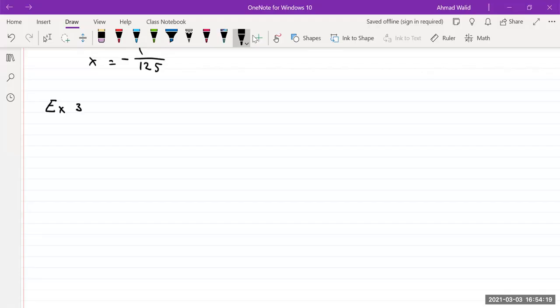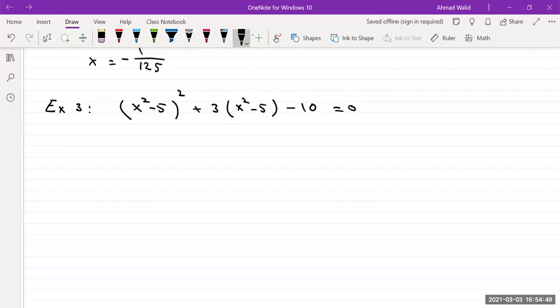Example 3 or 4, I don't know which one, 3, I think. x squared minus 5, all to the power of 2, plus 3 parentheses x squared minus 5, minus 10 outside equals 0.